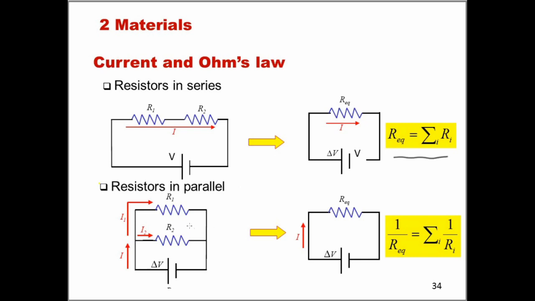On the other hand, if we have resistors in parallel, as in this circuit here, then the equivalent resistance is given by this formula: the inverse of the equivalent resistance is equal to the sum of all the inverse resistances.